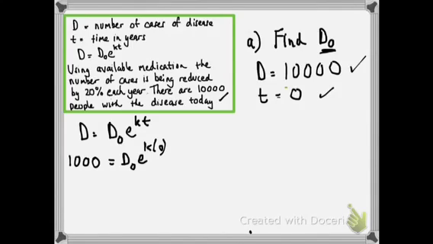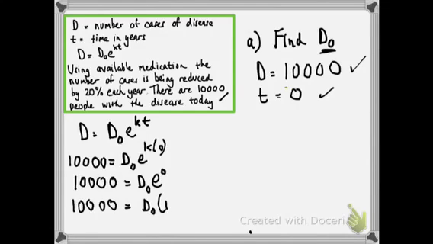Anything times 0 is 0, so 10,000 equals D naught e to the power of 0, which is D naught times 1. So D naught equals 10,000. There's our answer for D naught.